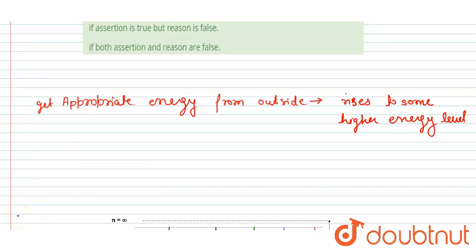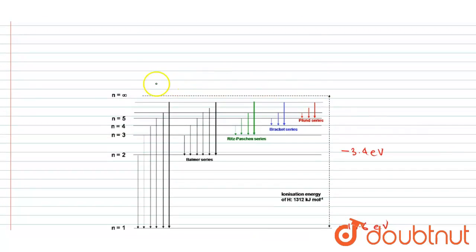When returning takes place, it can either return directly to the lowest energy level, or it could take jumps. Let's suppose the electron is at n equals 5. What can happen? It can go from 5 to 4, then 4 to 3, then 3 to 2, and so on. This can happen.